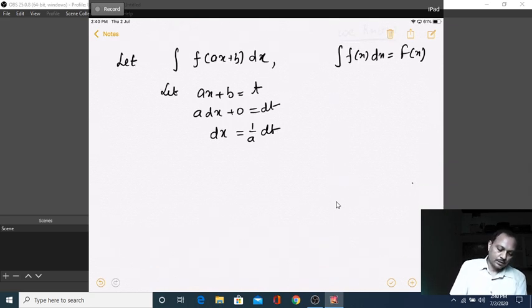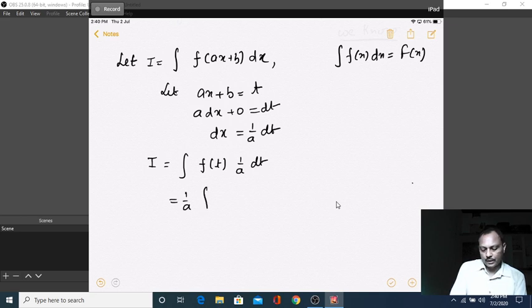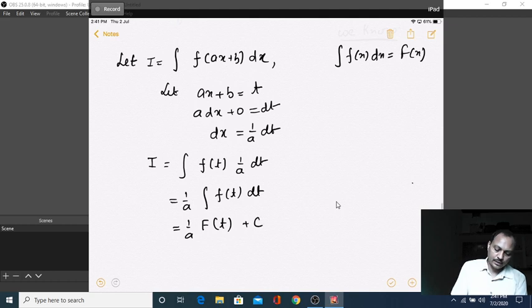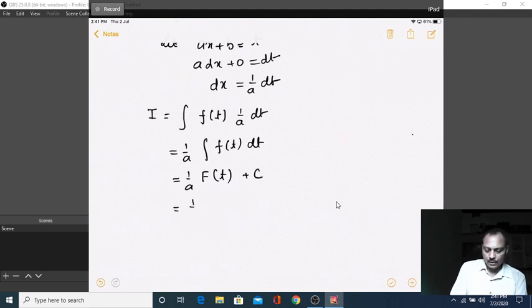If we substitute this in this integration, we get f of t 1 upon a dt. So 1 upon a is a constant, take it outside the integration, and because the integration of f of x dx is capital F of x, here it will be capital F of t plus constant of integration. So it is 1 upon a F of ax plus b.